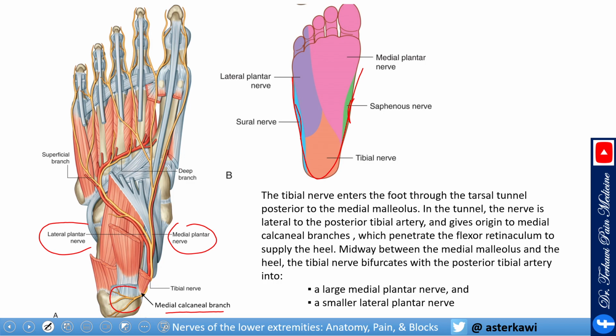All of these are branches of the tibial nerve or the posterior tibial, but here you can see this more belongs to the medial plantar, and this to the lateral plantar. And we see how they bifurcate at the tarsal level.